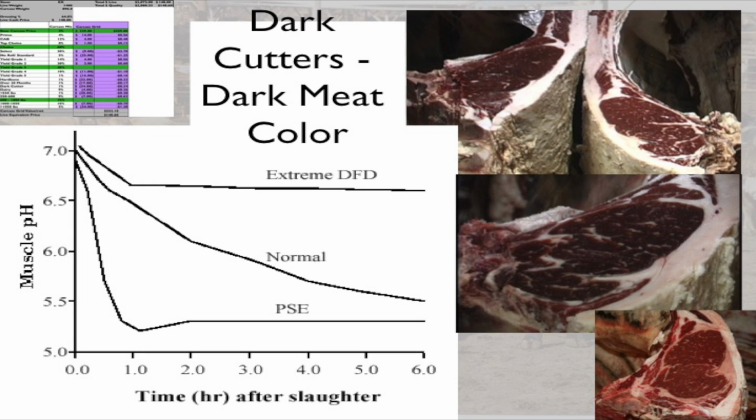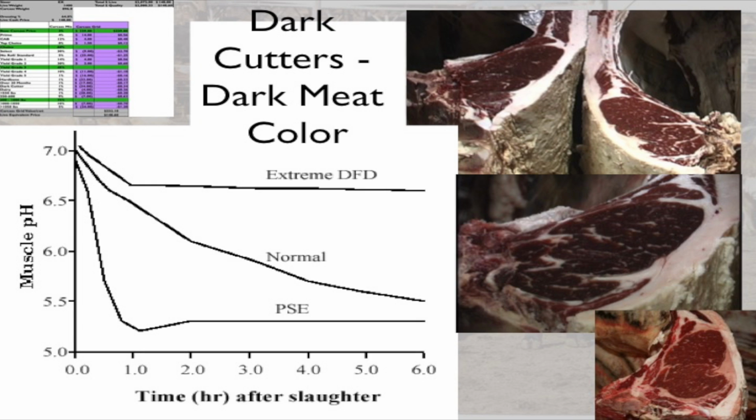The normal pH of meat after harvest is generally about 5.6. In animals that are dark cutting, they generally have a pH closer to what they would have if they were a living animal, a pH in the 6s. And because of that pH change, the water in the muscle is held on to more tightly.